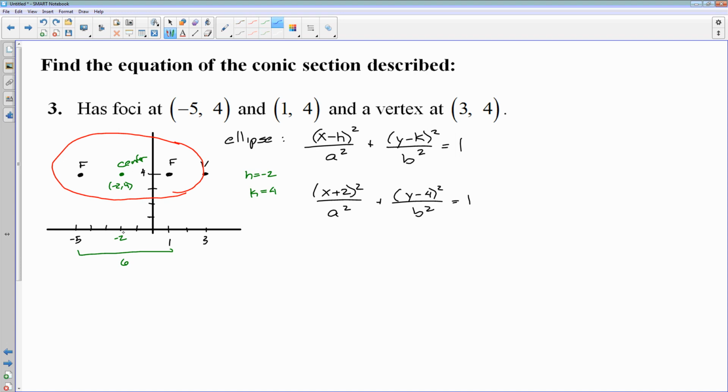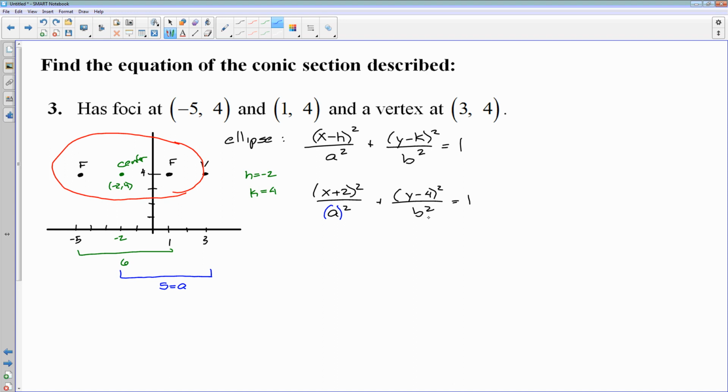Well, from my center, negative 2, all the way to my vertex at 3, that is a distance of 5. Well, that 5 went left and right, which means it's going to go under the x. That means 5 is going to end up being my a. The distance from center to vertex is 5, so I put the 5 under my x, which will actually be 5².